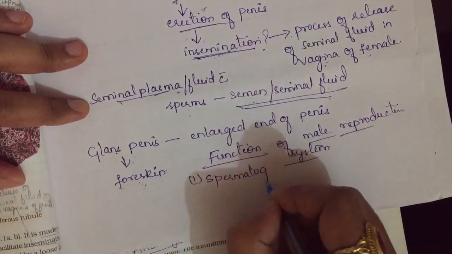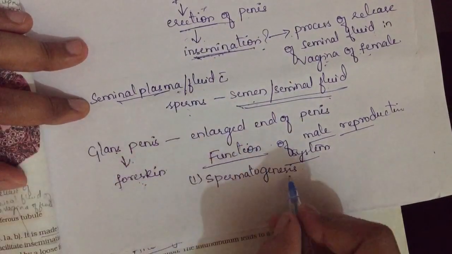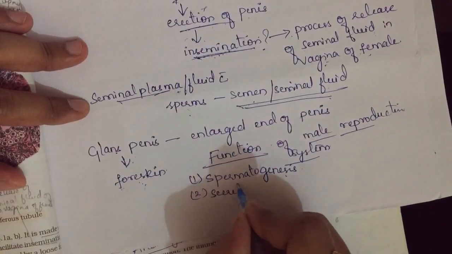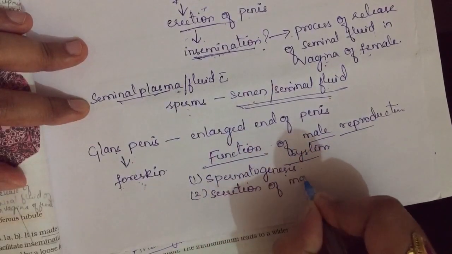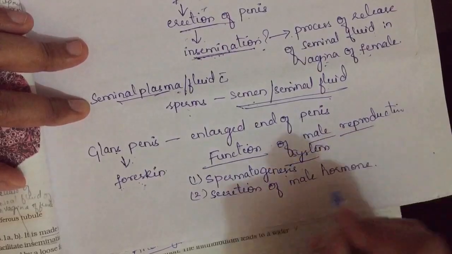In the previous video I discussed this. Spermatogenesis is the process of formation of sperms. Next, secretion of male hormone. Which is that male hormone? Androgens, especially testosterone.